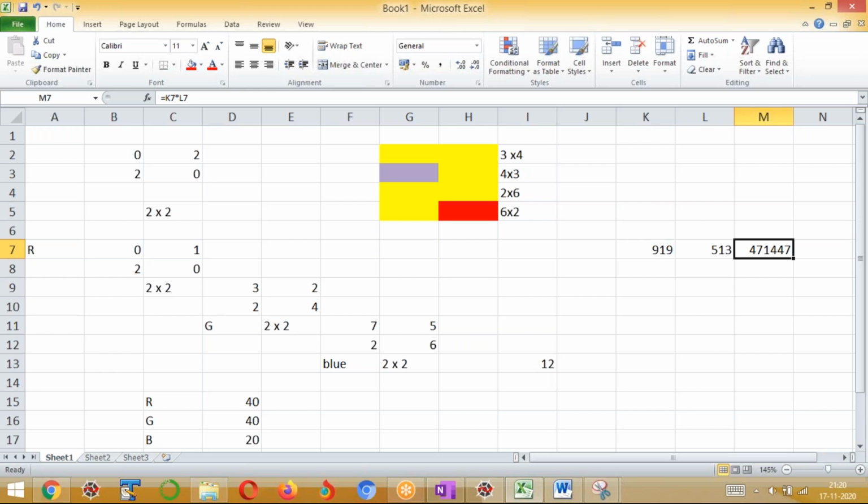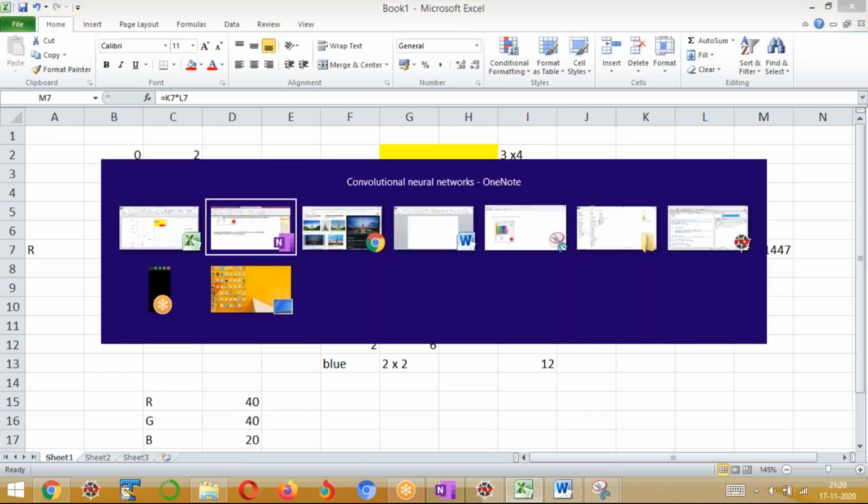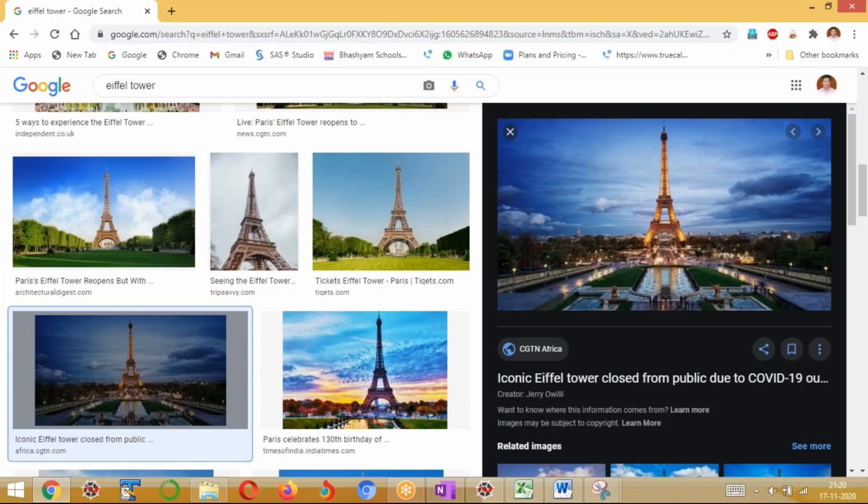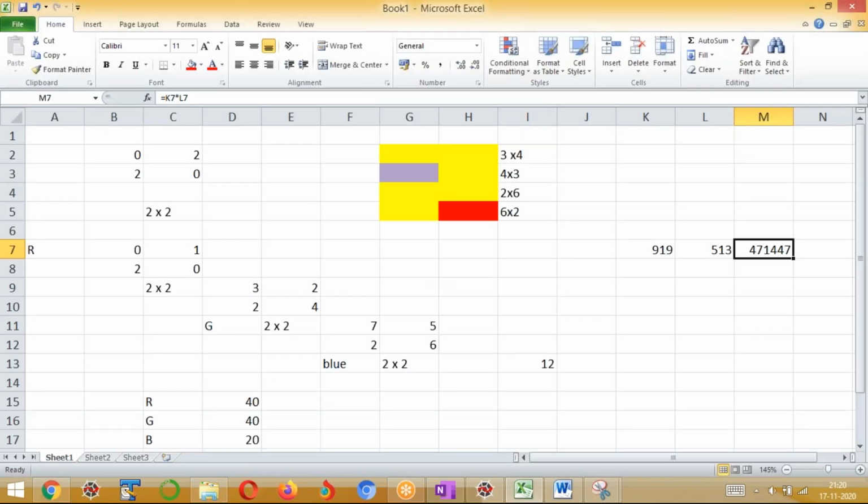Can you believe it? This image contains so many pixels? Yes, you should believe. Now it's clear what I'm talking about. When one specific image contains this many pixels, imagine how much bigger it gets. So what are we going to do with these pixels? That's the question.